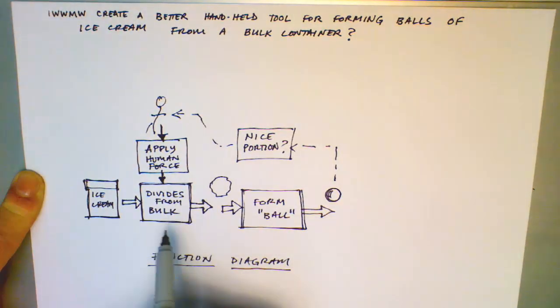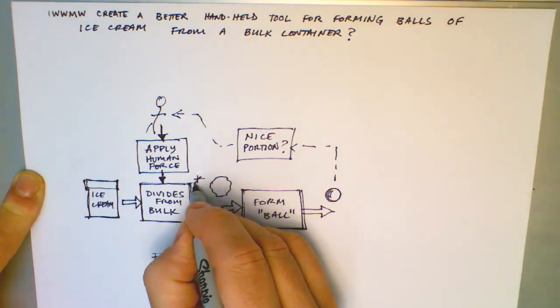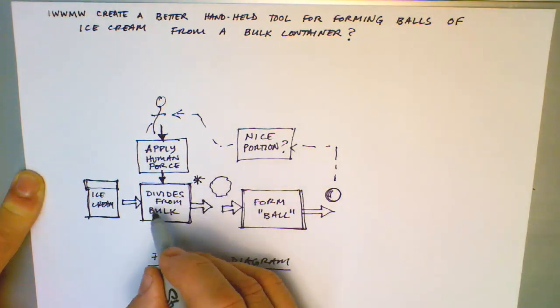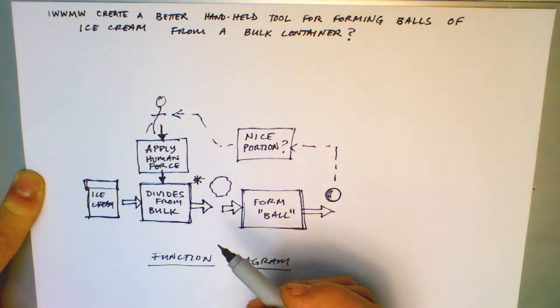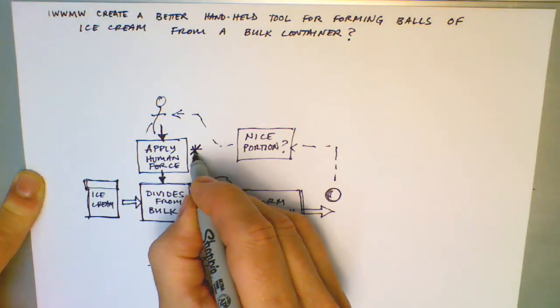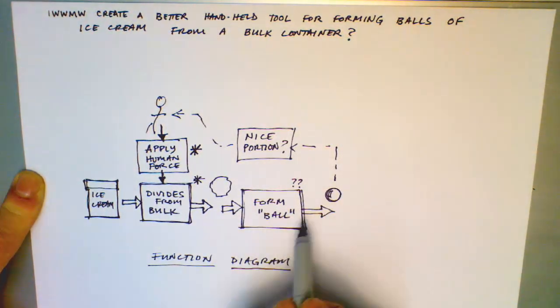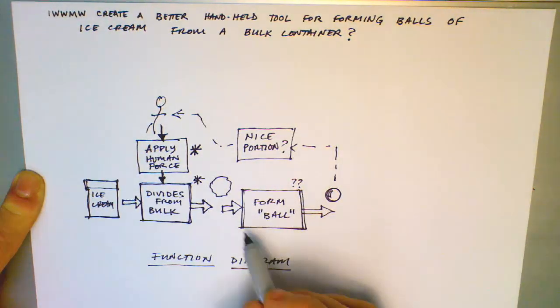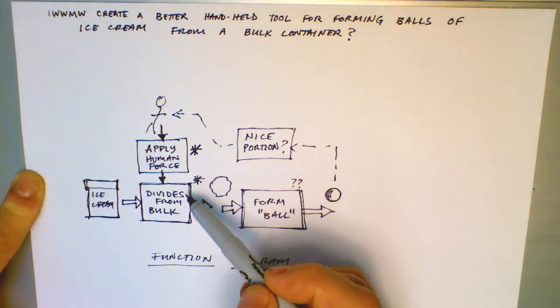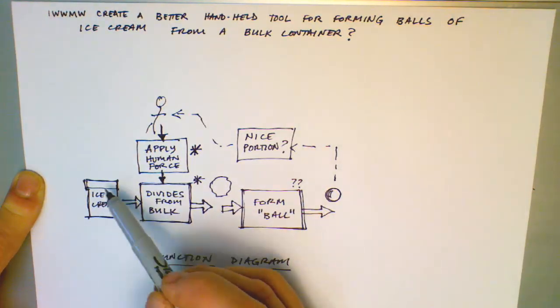And as I look at this, I think the obvious ones are clearly the way in which the scoop divides from bulk is going to be critical. It's going to be critical to think about the application of human power, and maybe there's some interesting things that could be done as a result of focusing on the forming of the ball. But for now, I'm going to focus on these two, the application of human power and the dividing of a portion of ice cream from bulk.